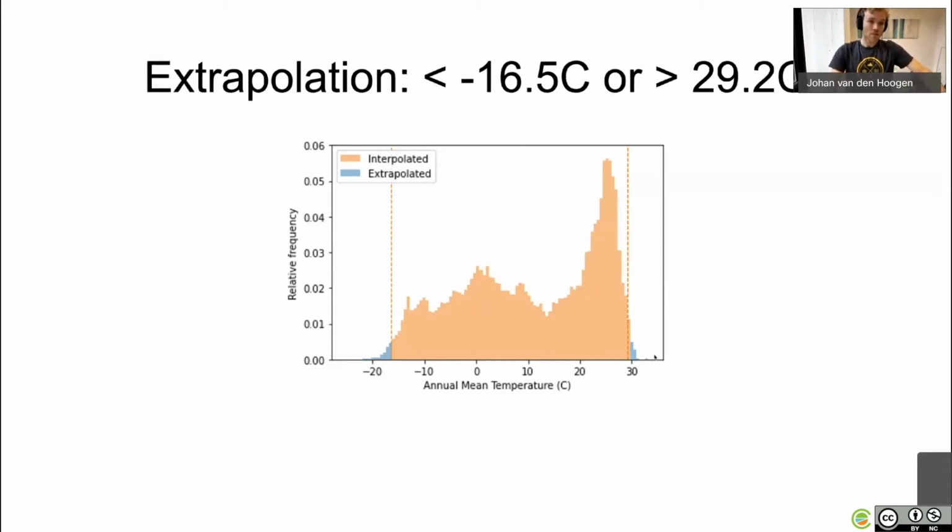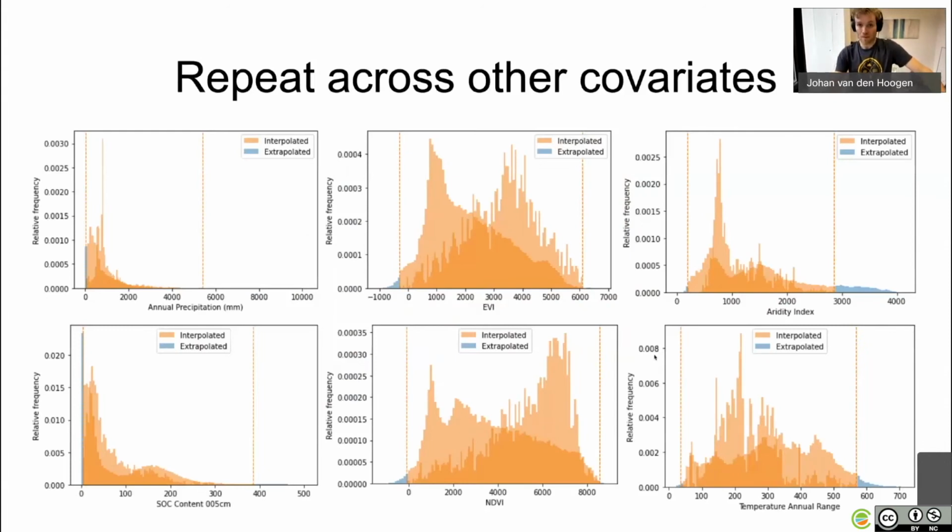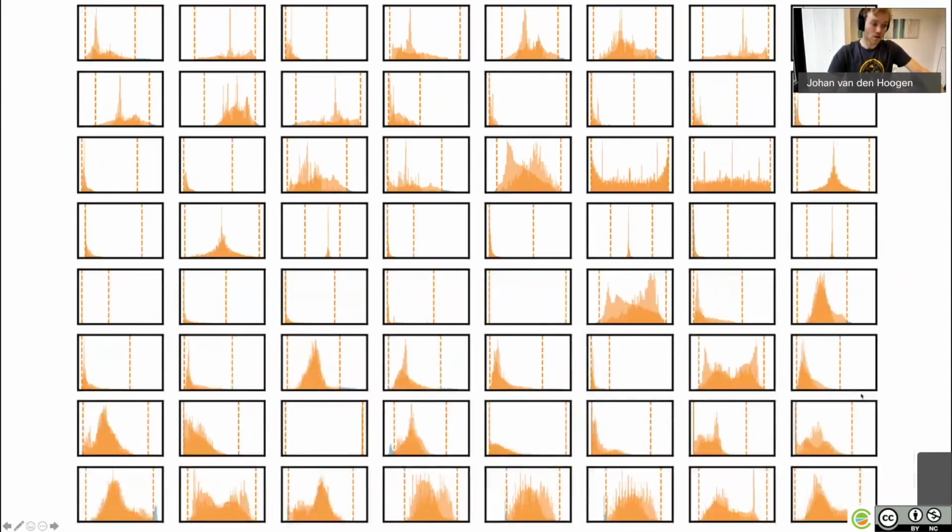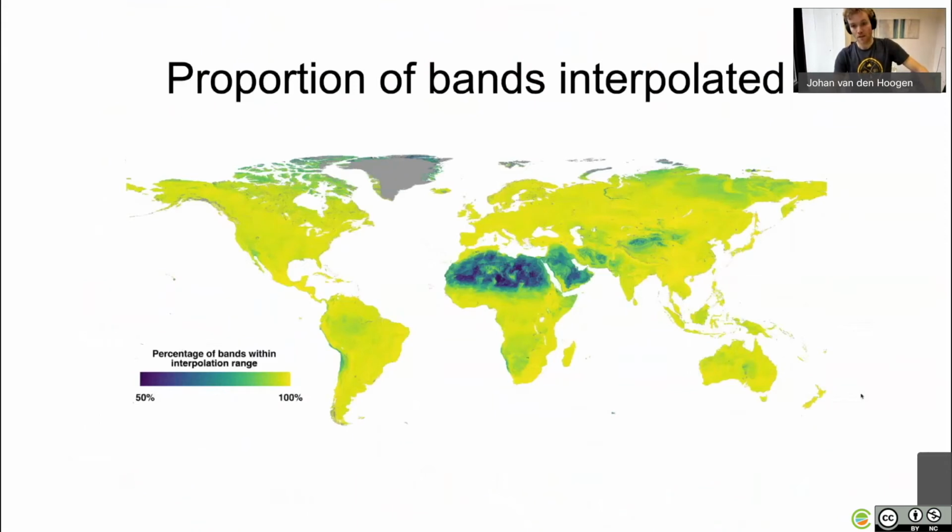This process can be repeated for all the other covariates, like here being precipitation per year, EVI, aridity index, etc., and for all the covariates that are included in the model. That can then be used to create an image showing the proportional value of bands that are within or outside this interpolation range.